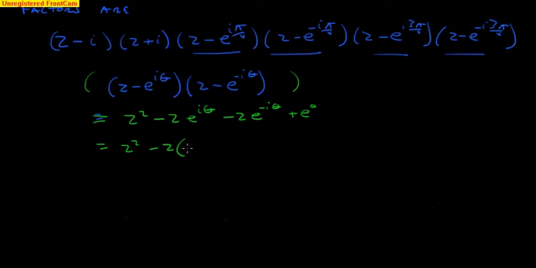That is z squared minus z times cos theta plus i sin theta, minus z times cos of negative theta plus i sin negative theta, and e to the 0, of course, is just 1.